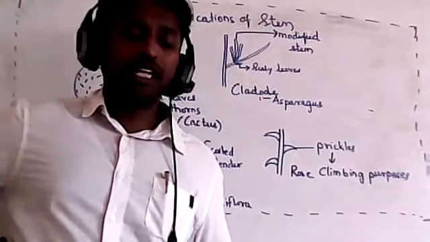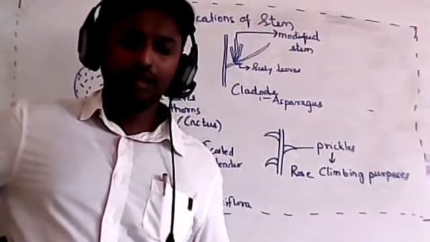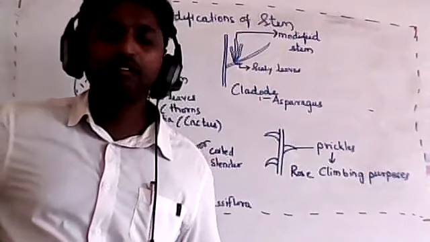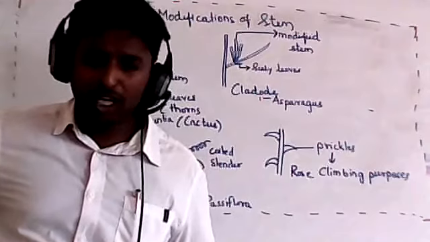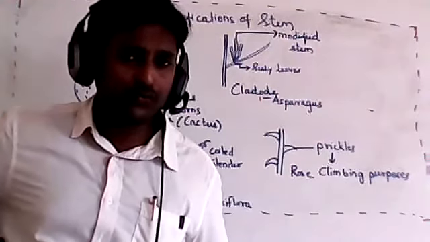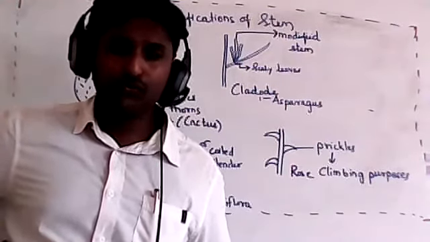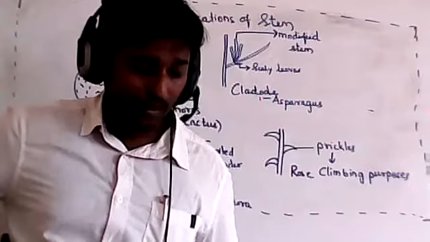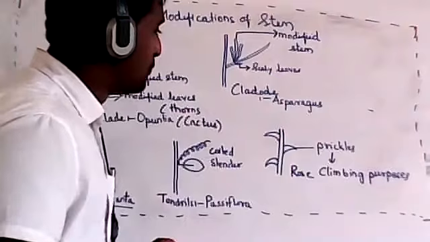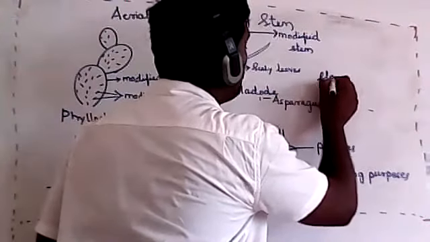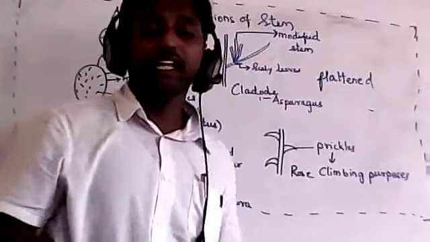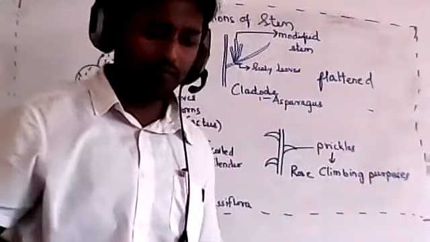Stem is green, fleshy, and another term is it is flattened. Flattened, okay.